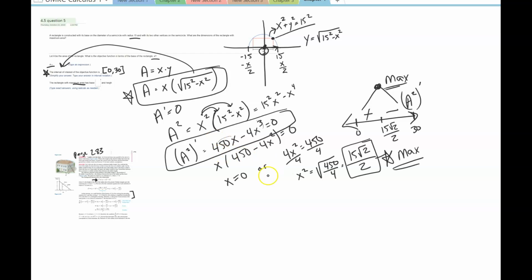There's a little bit of work to actually just go through and verify it. So this is the x value in which the maximum exists for A. You can solve back for y by plugging this in here, and you can find your y value, and that is going to be the height.